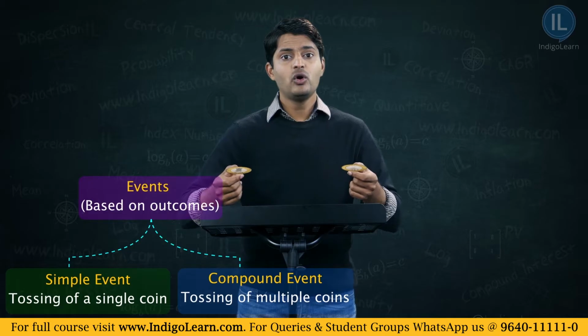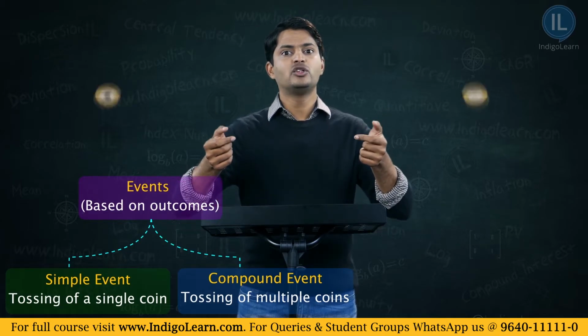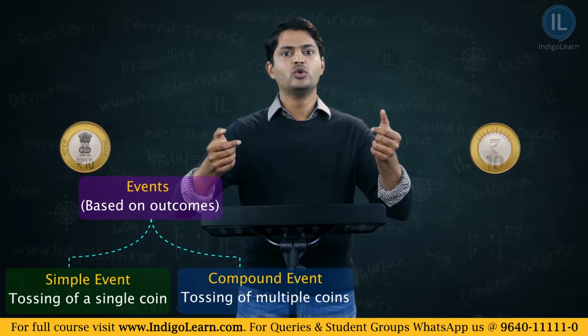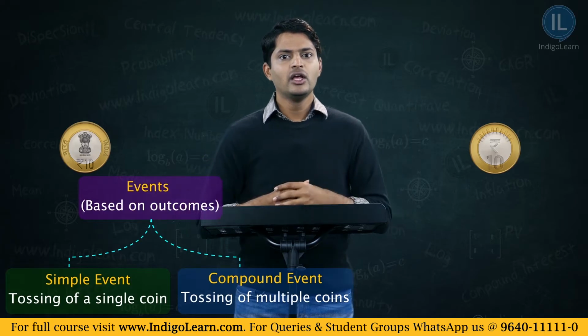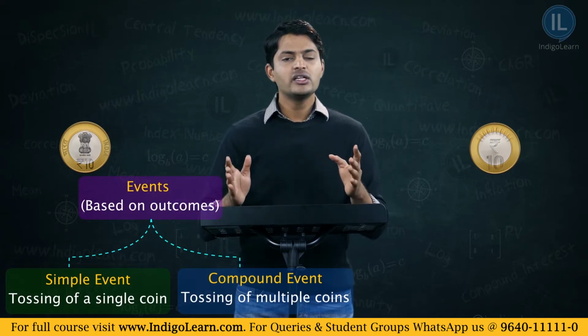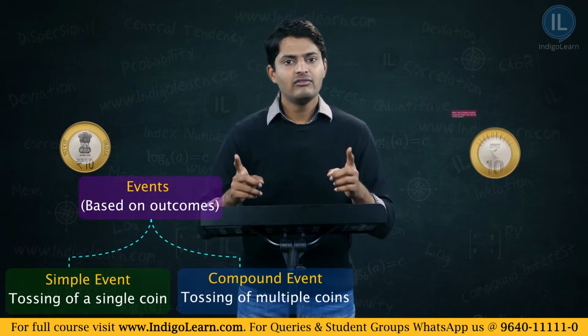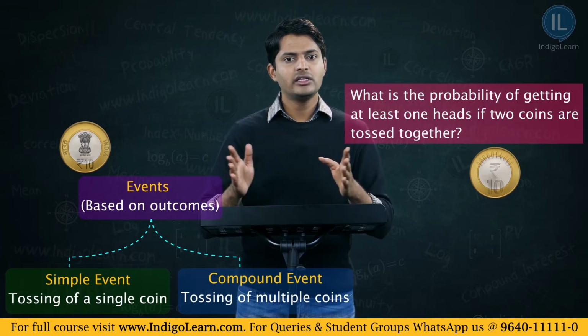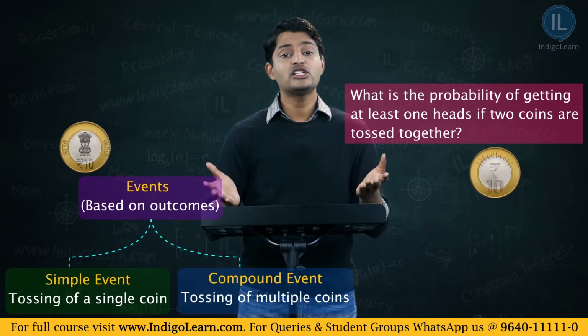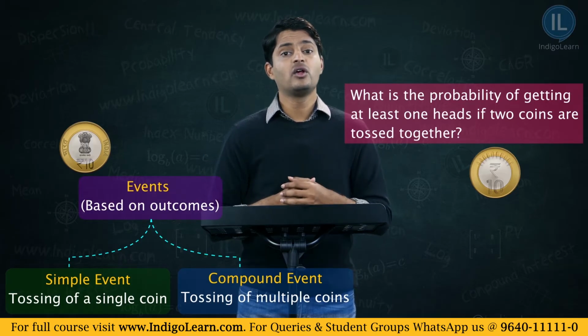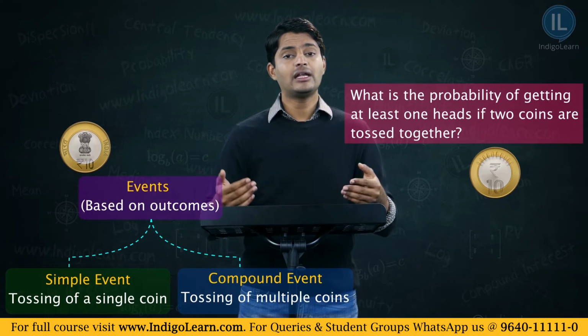I toss 2 coins at the same time, like this, okay. Now, if I ask you what is the probability that you have at least one head on the faces of these coins, we have multiple scenarios.